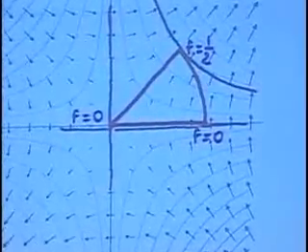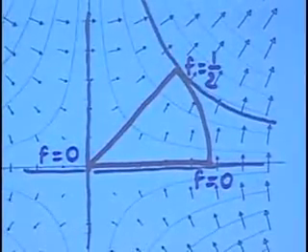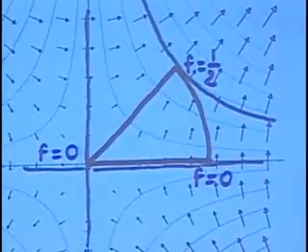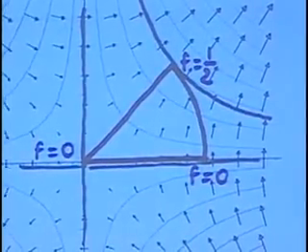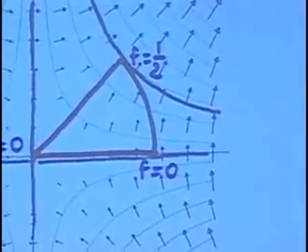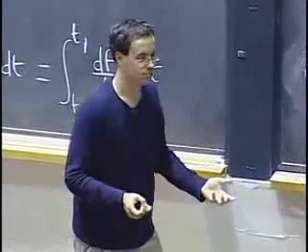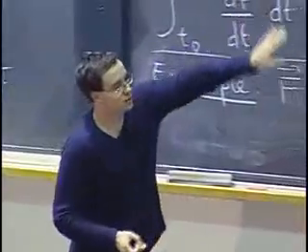And when we start going along C1, we stay on f equals 0. So there's no work. The potential doesn't change. Then on C2, the potential increases from 0 to 1/2. The work is 1/2. And then on C3, we go back down from 1/2 to 0. The work is negative 1/2. See, that was much easier than computing.